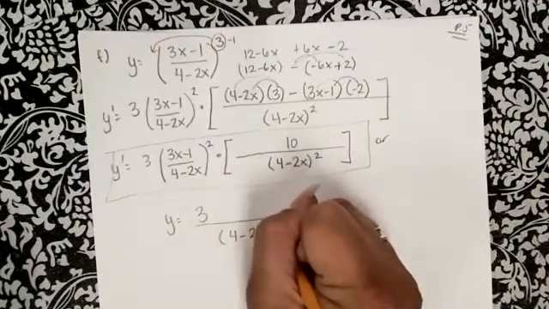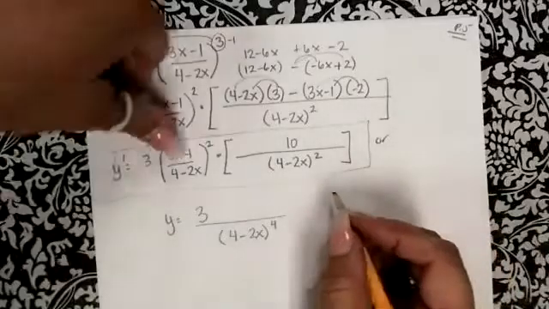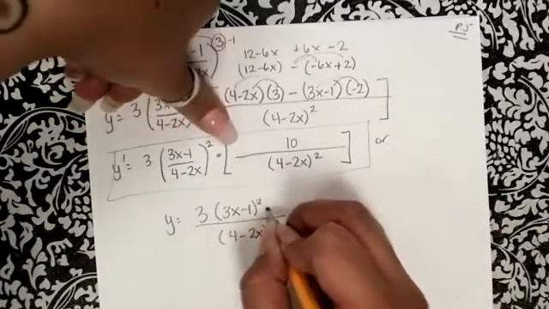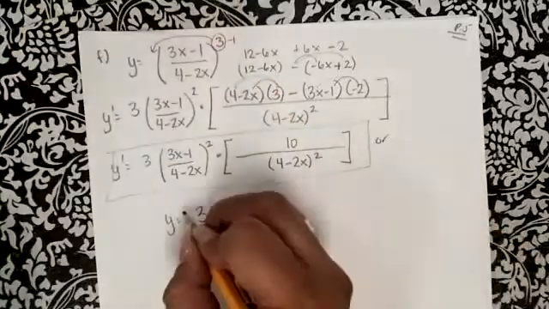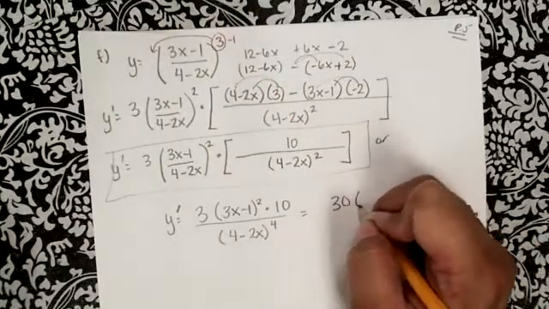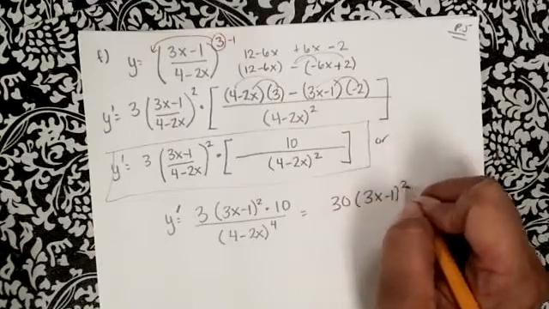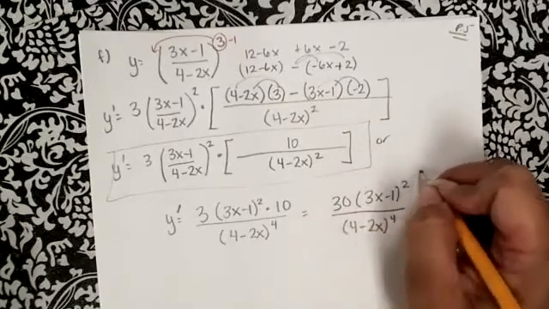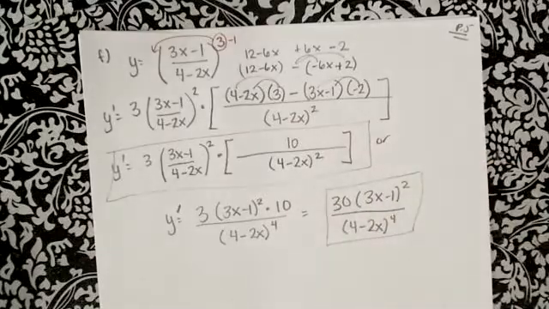And in the top, you're going to have a 3 and a 3x minus 1 squared, and then you also have the 10, which means you have a 30 times 3x minus 1 squared all over 4 minus 2x to the 4th. That answer might show up.